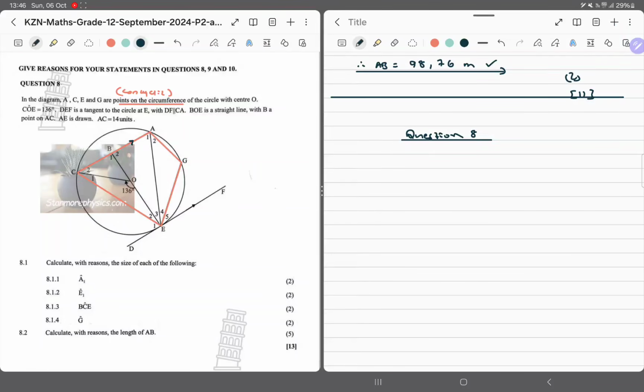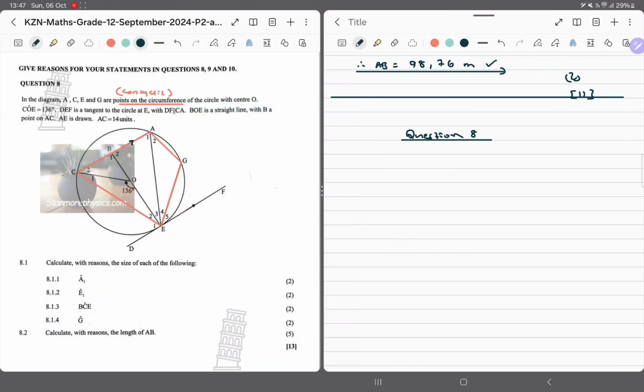It means A, C, E, G is a cyclic quad, because those 4 points make up a cyclic quad. Okay, but be careful, sometimes they may not make up a cyclic quad, but either way they give us cyclic quadrilateral vibes. Any 4 points that form a full quadrilateral, that quadrilateral becomes a cyclic quad. So this is another way of saying that it is a cyclic quad.